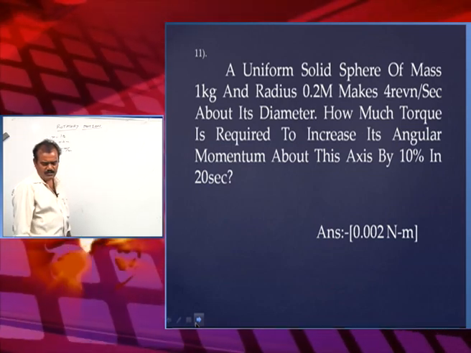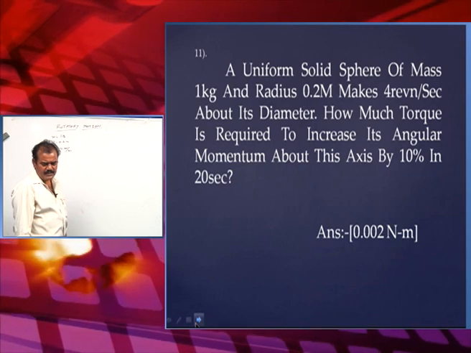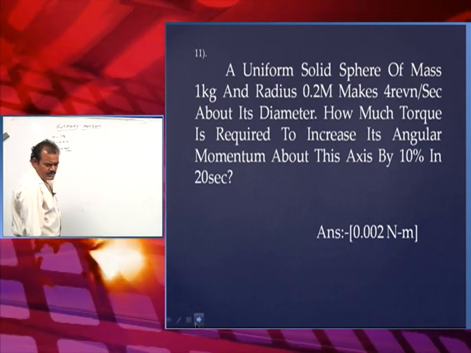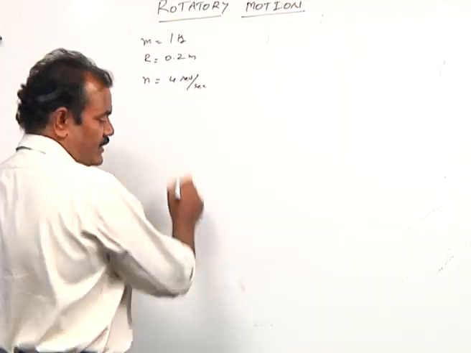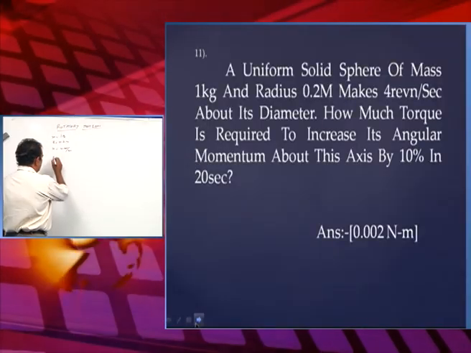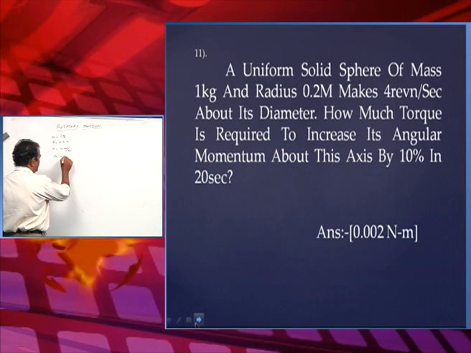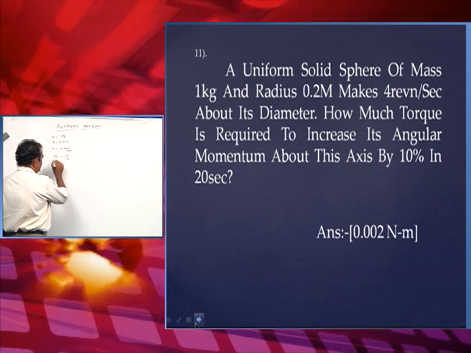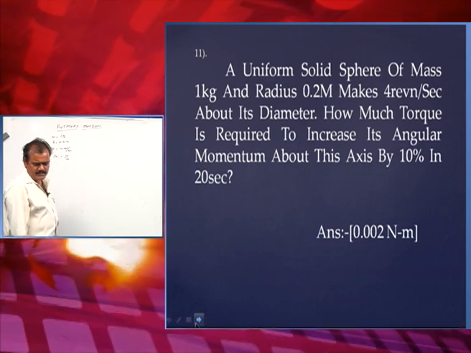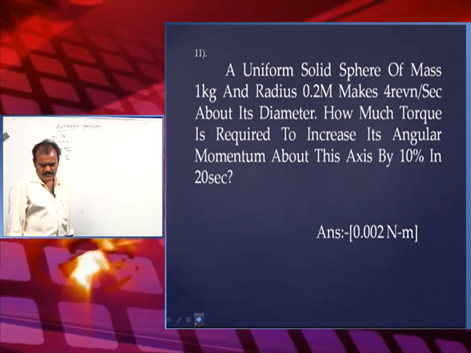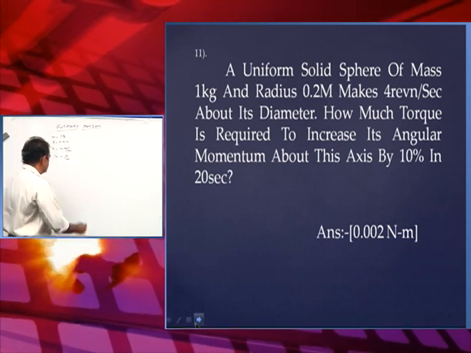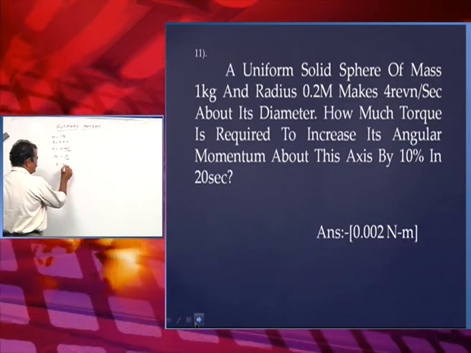And here, how much torque is required to increase its angular momentum? That is delta L, which is 10%. So delta L by L is given as 10 by 100, and thereafter the time is also given, it is 20 seconds.